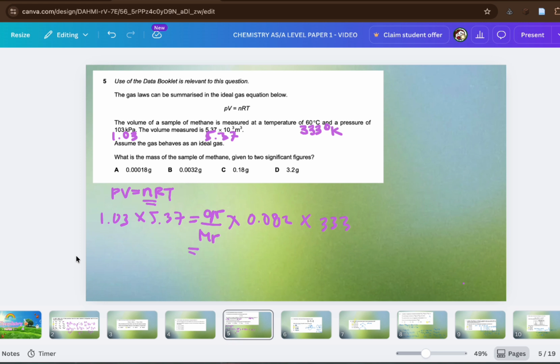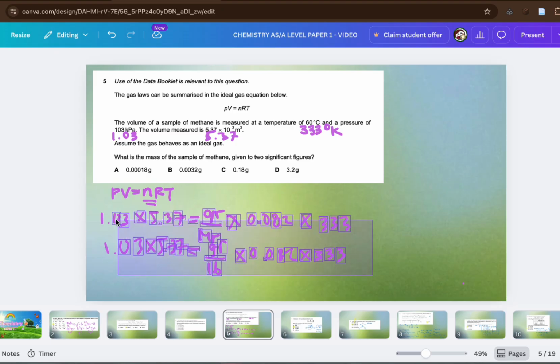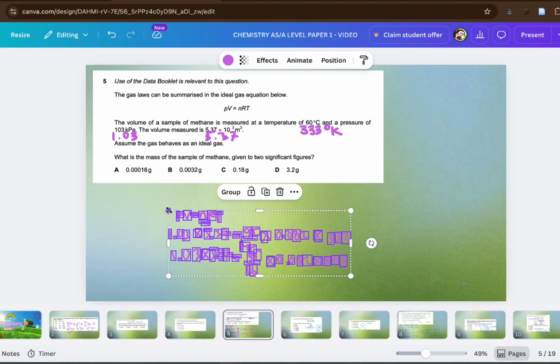The molecular mass of methane is 16. So 0.082 times 333 on one side, and 1.03 times 5.37 on the other. Excuse me for my bad handwriting once again.